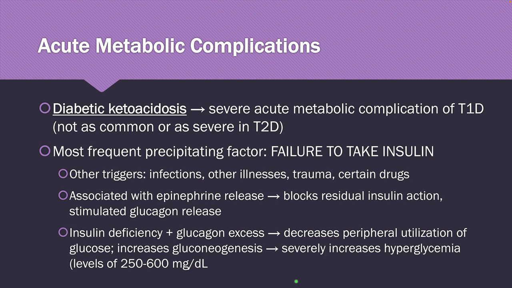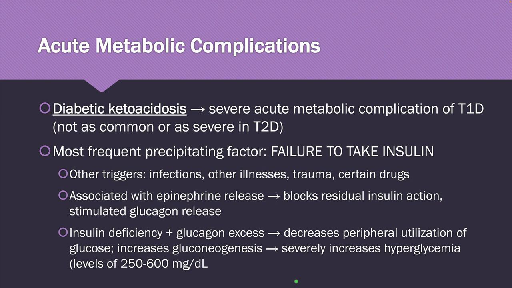Remember, these patients need exogenous insulin to resolve their hyperglycemic state and transfer glucose from the blood to the peripheral tissues. But aside from not taking insulin, there are other triggers: infection, other illnesses, trauma, and certain drugs.